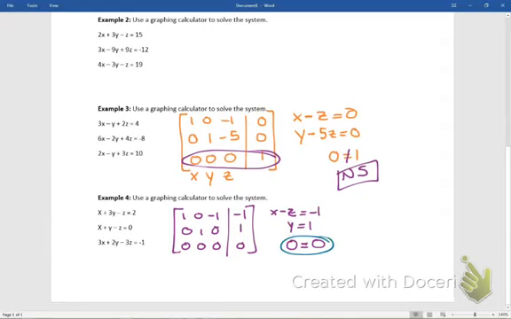Because this is true, and it's true no matter what your x, y, and z values are, this line is telling us that the answer is all real numbers. So, if you get your reduced row echelon form to look like example 2, and here I'll show you this one more time, just so we're looking at all of them on the same screen. 1, 0, 0, 0, 1, 0, 0, 0, 1.